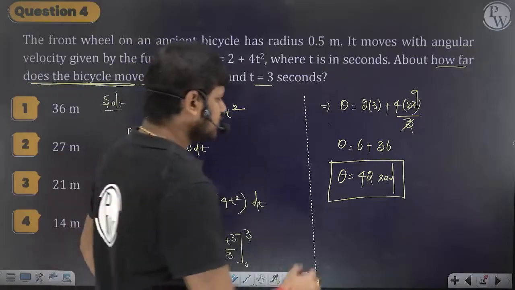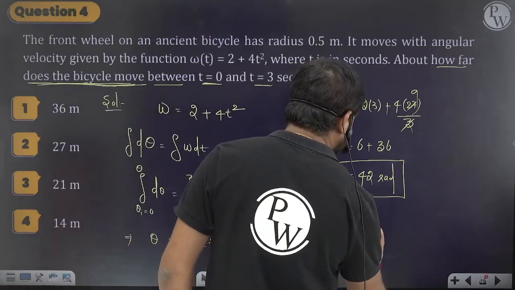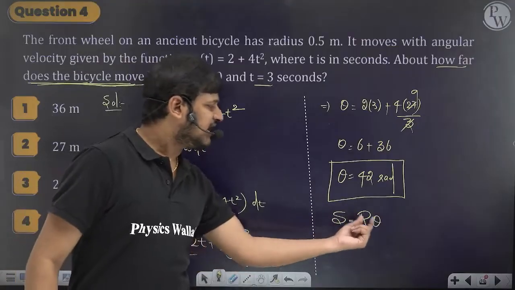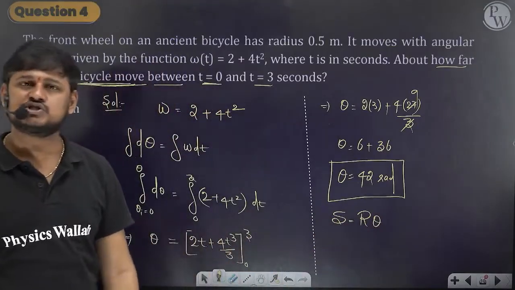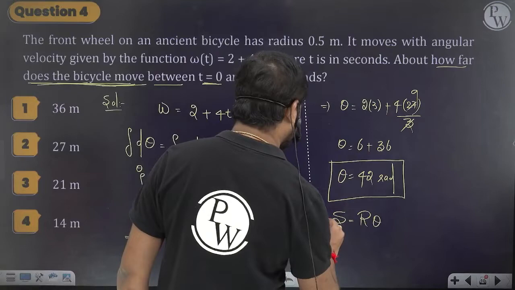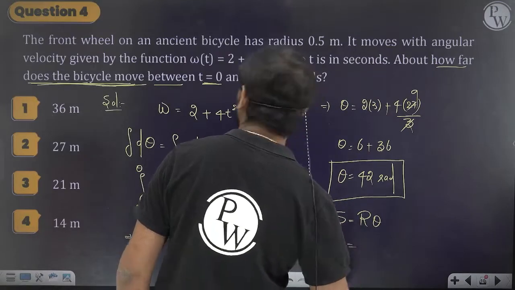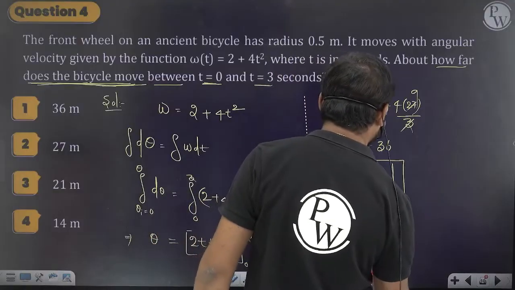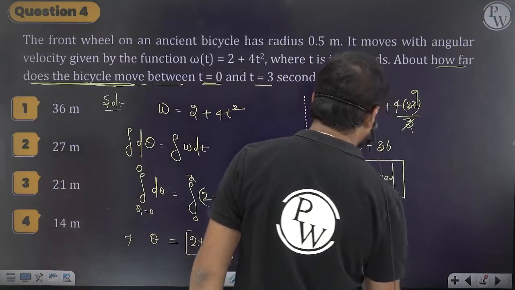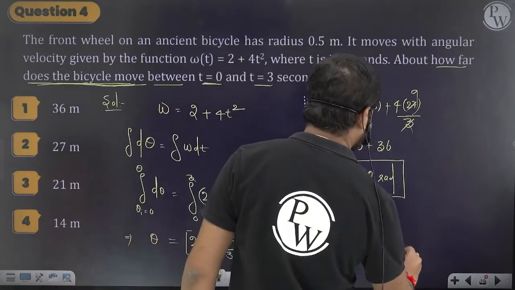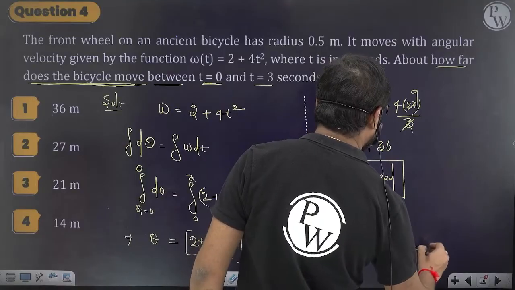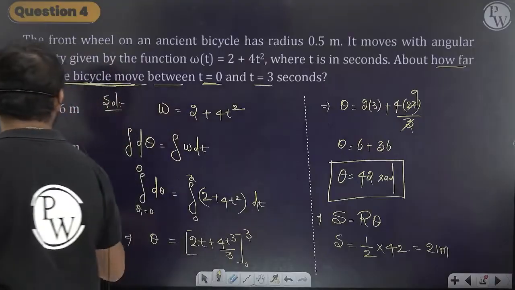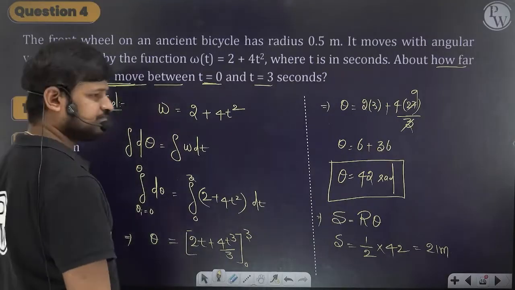The relation between linear displacement and angular displacement is S equals r theta. The radius of the bicycle is given as 0.5, which is 1 by 2. The angular displacement I got is 42, so 42 by 2, which is 21 meters, is the correct answer. So option 3 is the correct one.